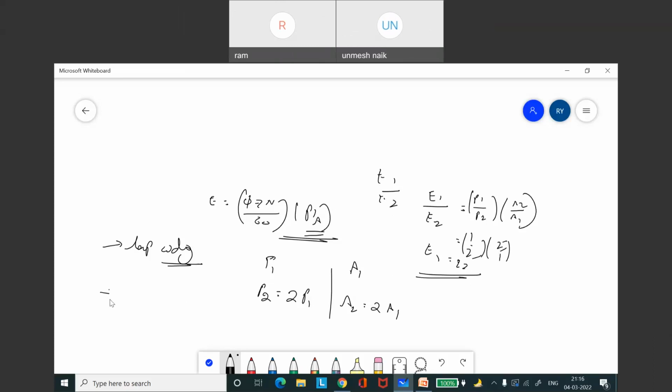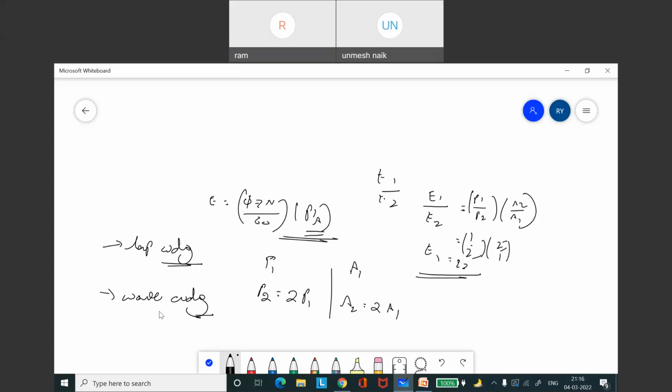So what happens if we have a wave winding? What is the relationship between E1 and E2 if we have a wave winding? For a wave winding, there are just two parallel paths.